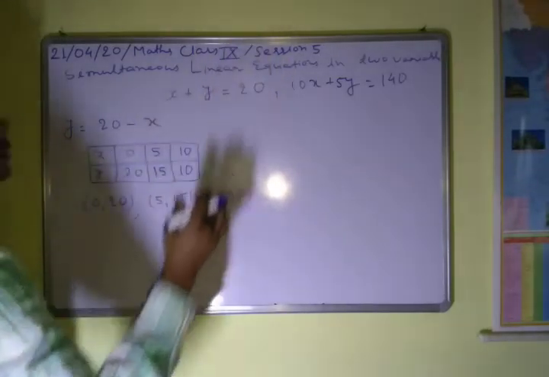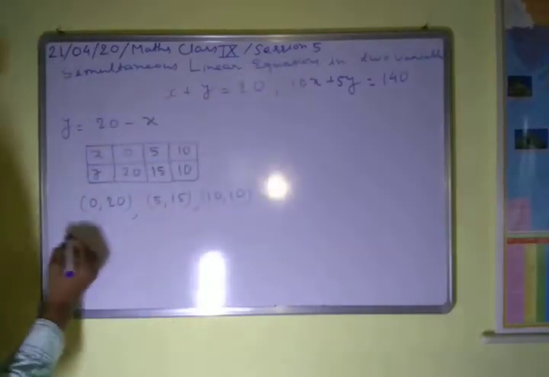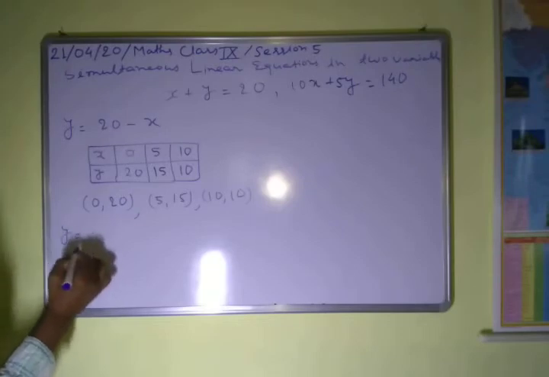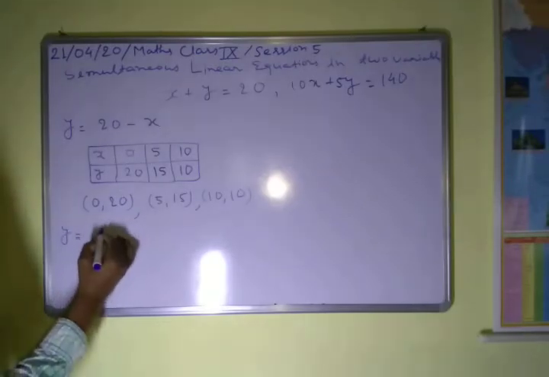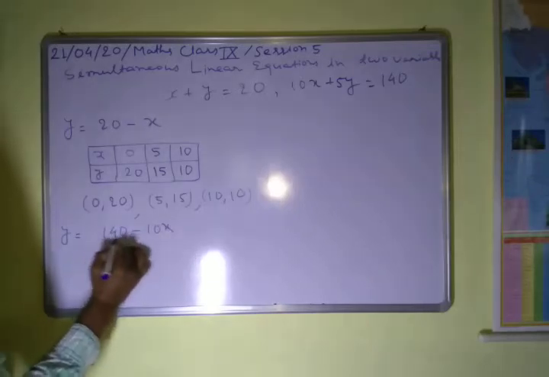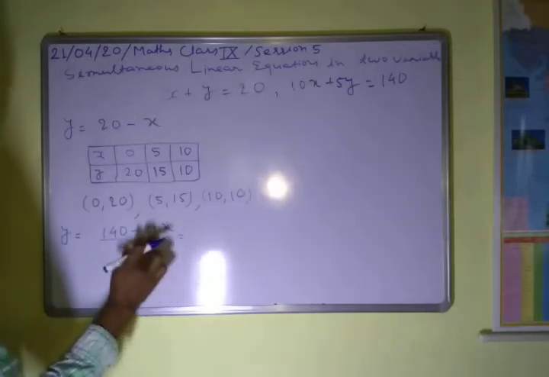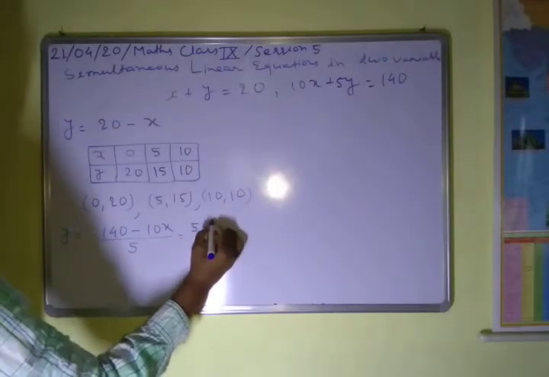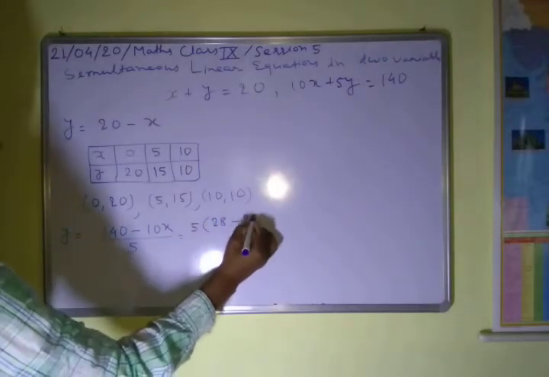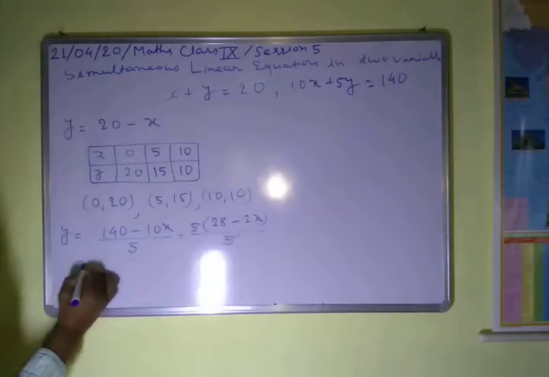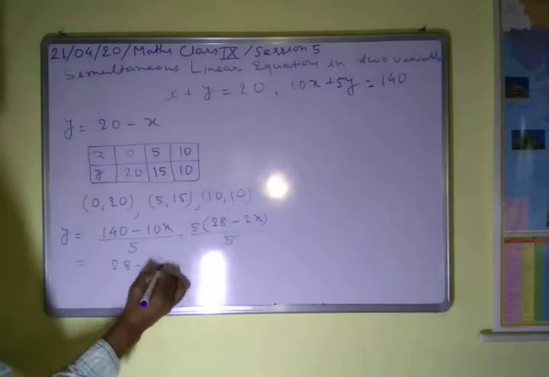Now for this equation, if you simplify, you will get y equal to 140 minus 10x by 5, or you can take 5 common. Actually it will be 28 minus 2x.